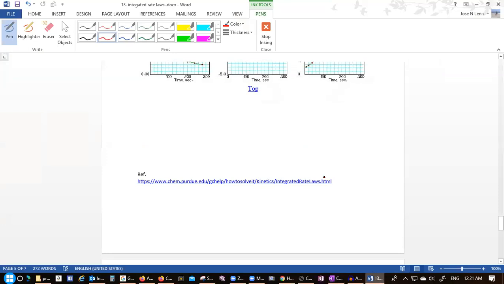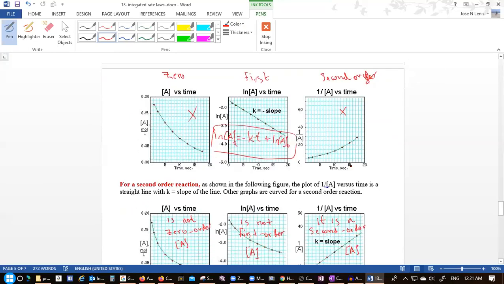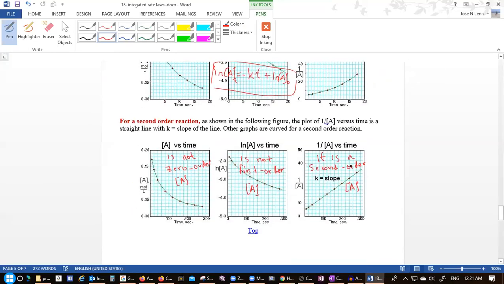Let me go back. You see, you have 3 possibilities. You have to make 3 graphs to find where you get the straight line. If you graph concentration of A against time and you get a straight line, that's zero order.